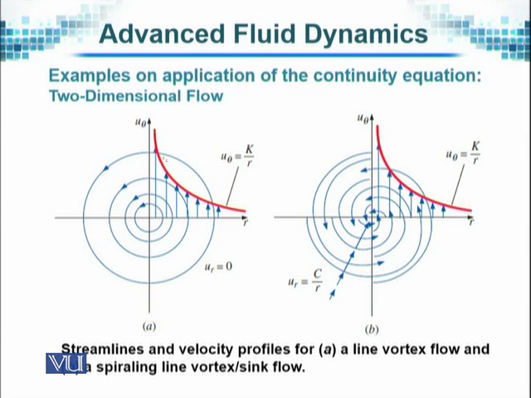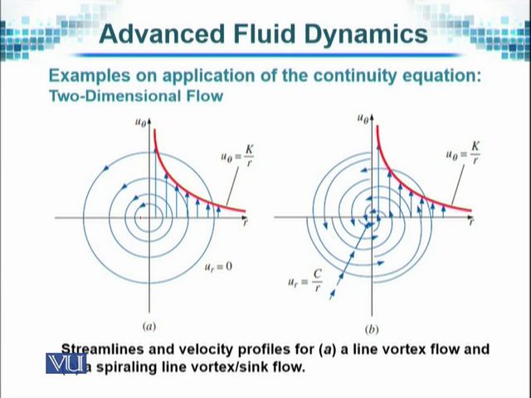If you draw the streamlines, they go in circles, and the circles are uniform circles. We call them a line vortex.